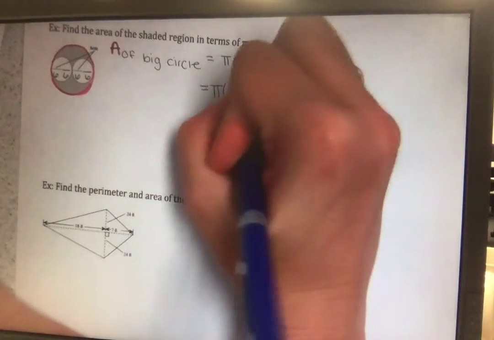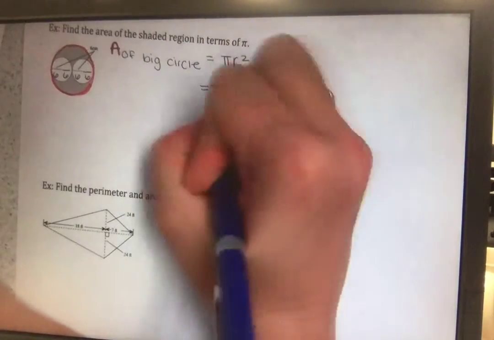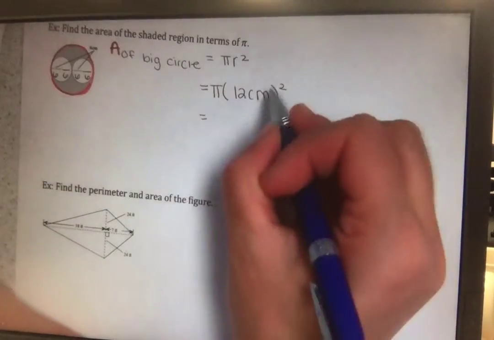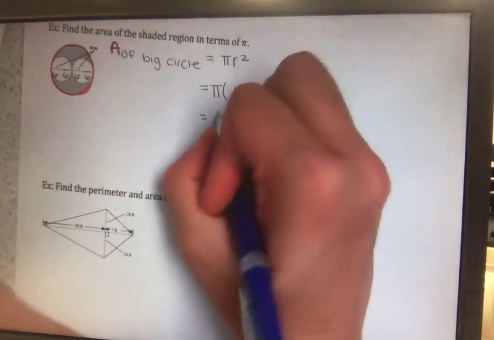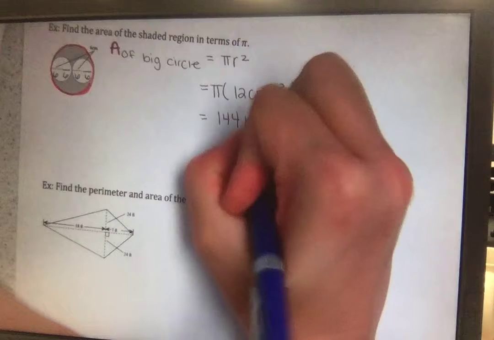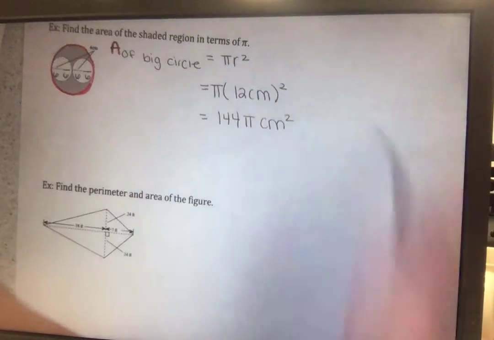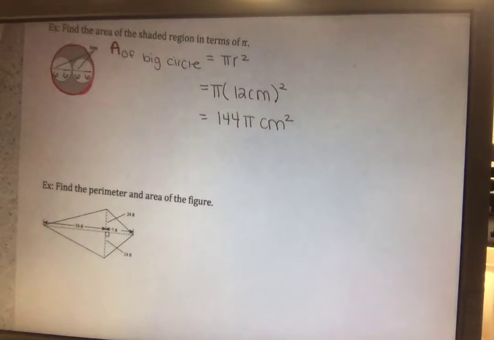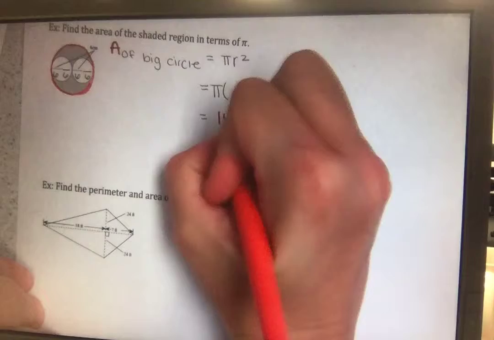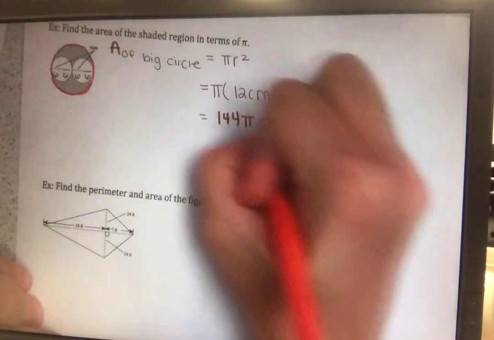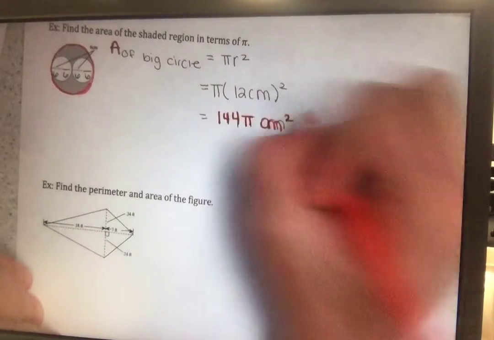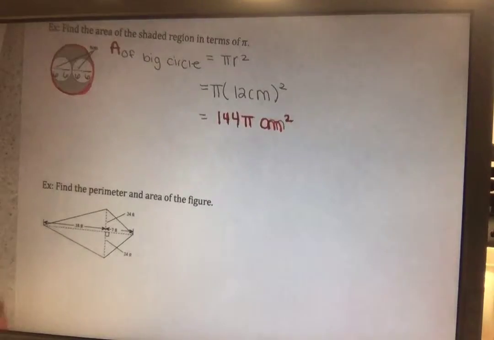So pi times 12 centimeters squared. 12 centimeters times 12 centimeters is 144 pi centimeters squared. We're going to leave it in terms of pi. So that's the area of the big circle.